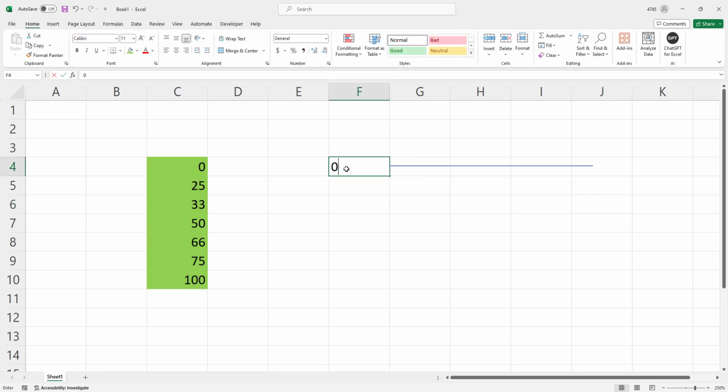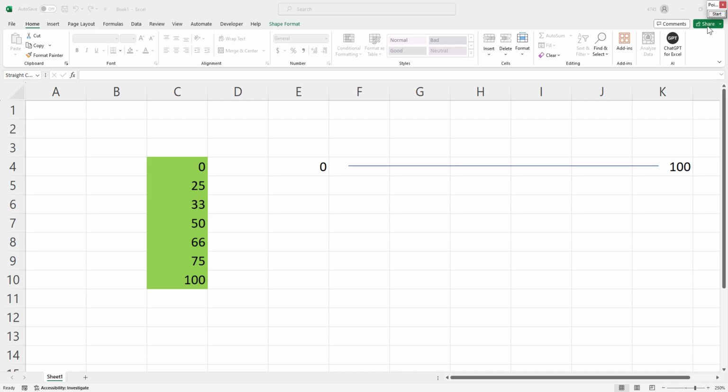This is 0. This is 0. And this is what? 100, right? This is what this line is, right? And he is giving us key points in the line.